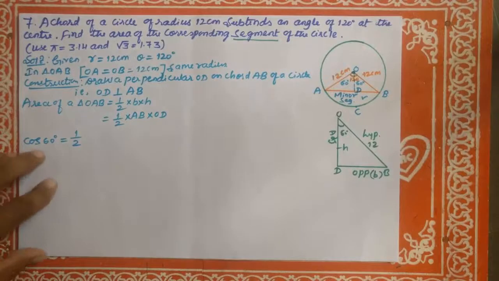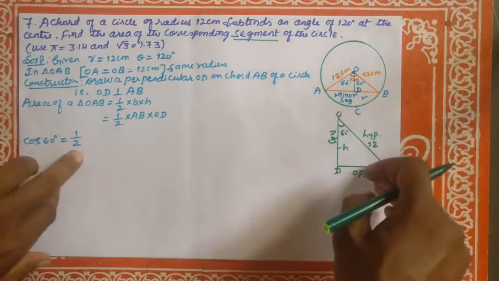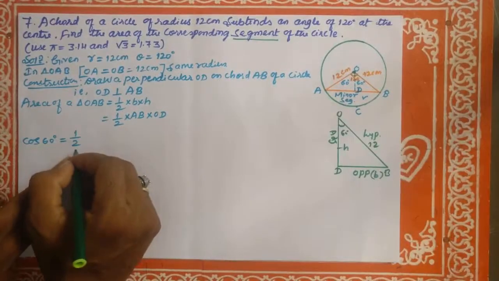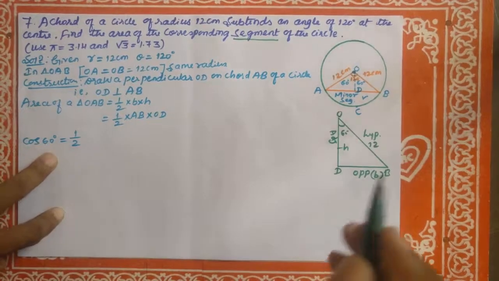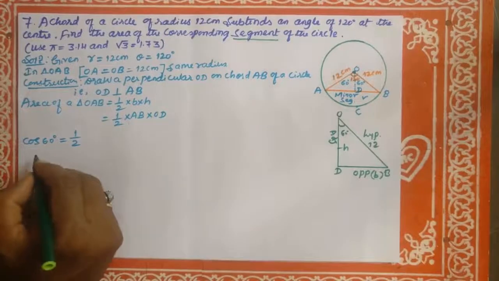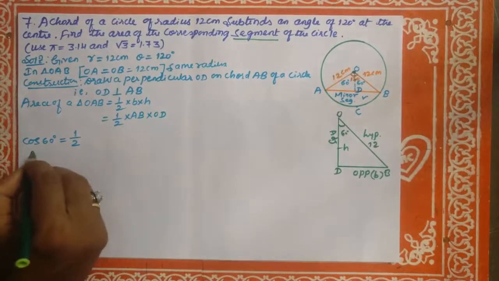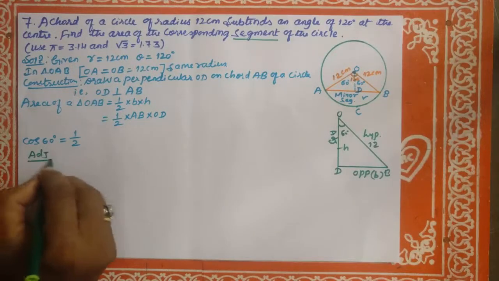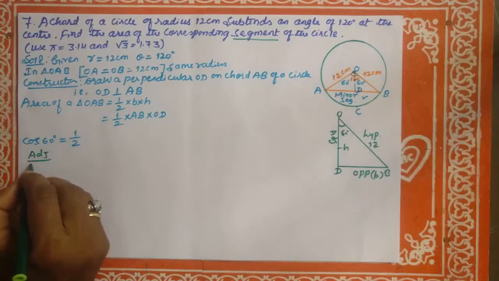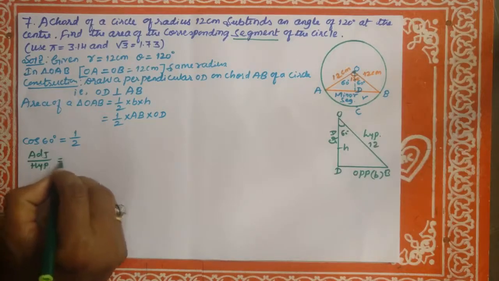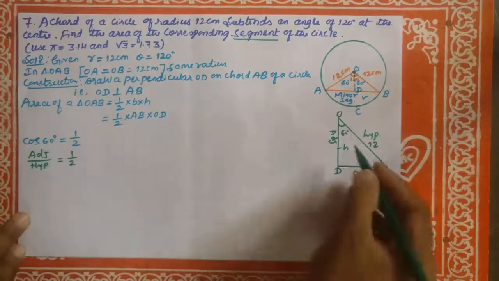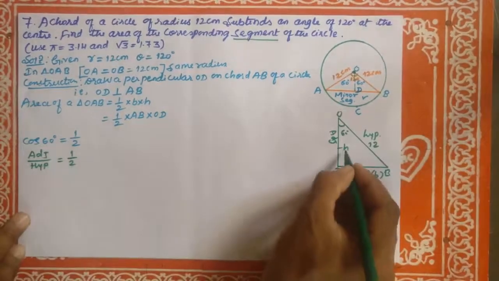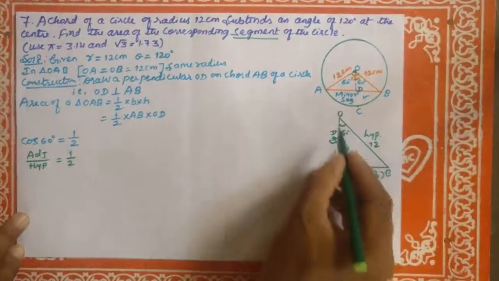Cos 60 degree is equal to half, and the formula is adjacent divided by hypotenuse. Adjacent is the height, that is OD.